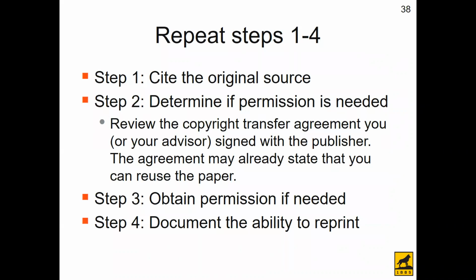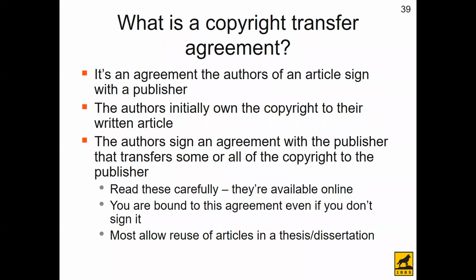If you don't have anything in there that says you can republish it, then you would need to obtain permission and document the ability to reprint, just like for the other items. So what is that copyright transfer agreement? As I've already kind of started talking about, it is an agreement that you sign that gives the journal the ability to print your work, or conference, et cetera, et cetera.